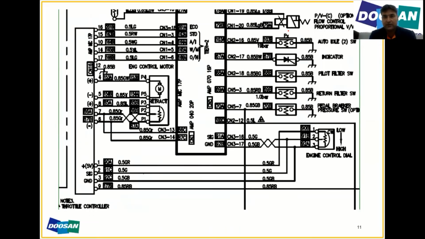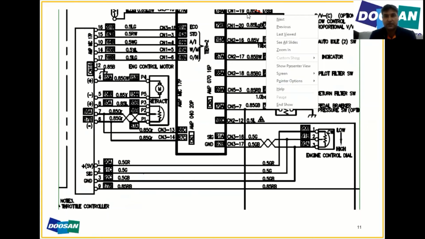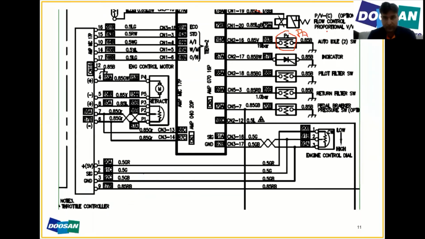Similarly, the PX pressure switch, which is also called the PA switch, is working for auto idle. Now, how does it work? We discussed the major components, the throttle controller and the engine control motor.